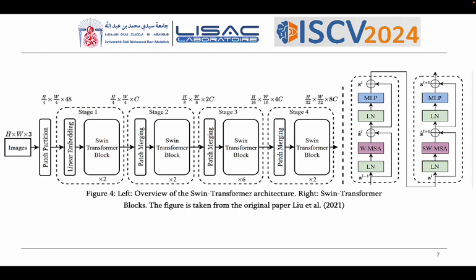So Liu et al. in 2021 introduced the Swin Transformer architecture, with the main contribution being the Swin Transformer block rather than the vanilla transformer. And here in the left part we have the Swin Transformer block.